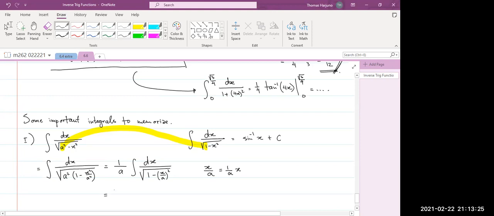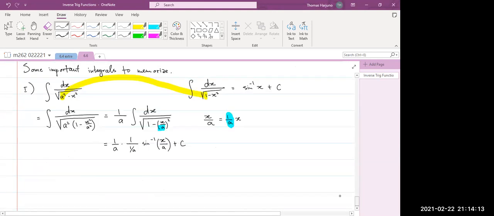Okay, such that if you see that x over a, you see this 1 over a here as the slope, as the coefficient of x, then the integral of that must be the reciprocal of that slope times tangent inverse of x over, I'm sorry, not tangent inverse, sine inverse of x over a plus constant, which will then give us a very nice result, sine inverse of x over a plus constant.